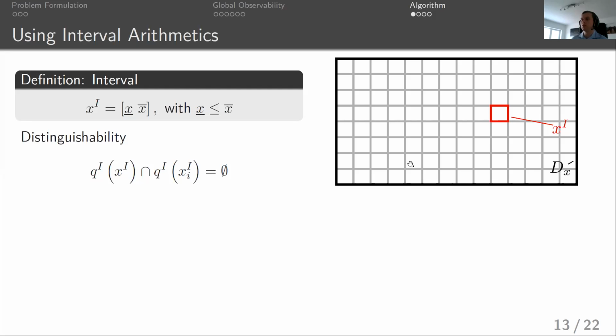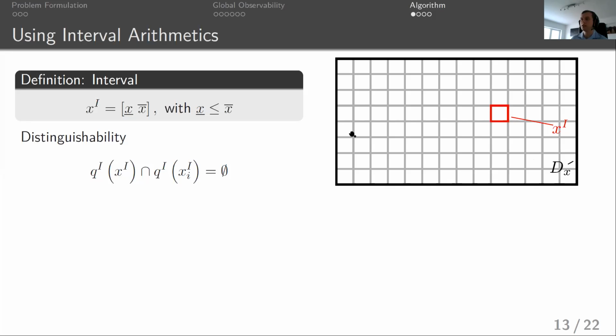Then, for example, we can multisect this initial state into many smaller intervals. And let's say we want to identify if the red interval is globally observable on this initial state. So we use our distinguishability condition here for this interval with every single other interval and test whether the intersection of this is the empty set.